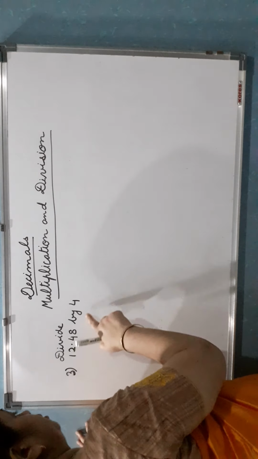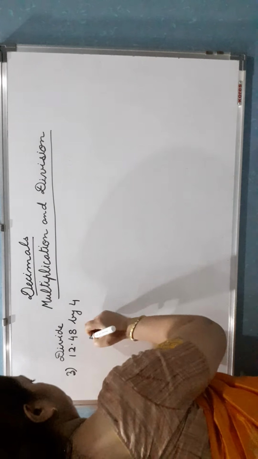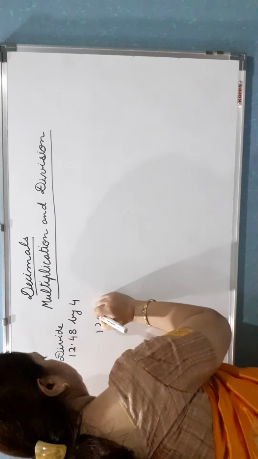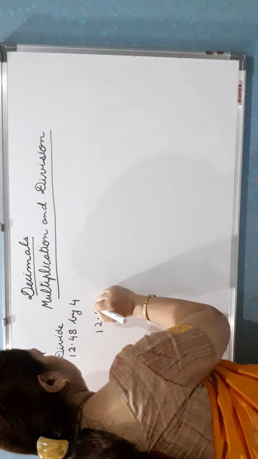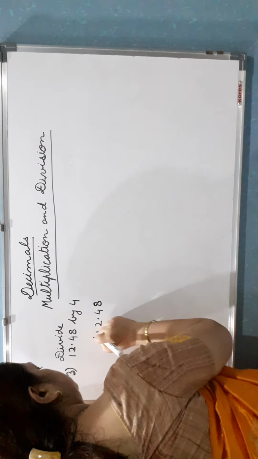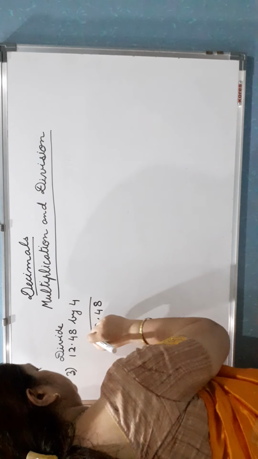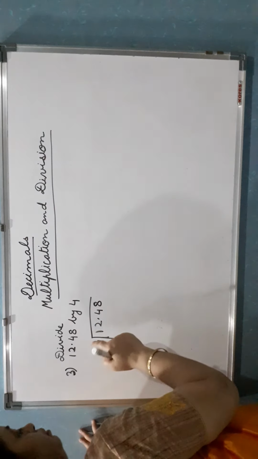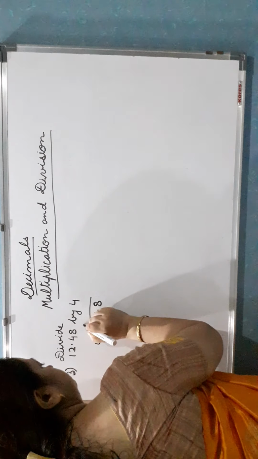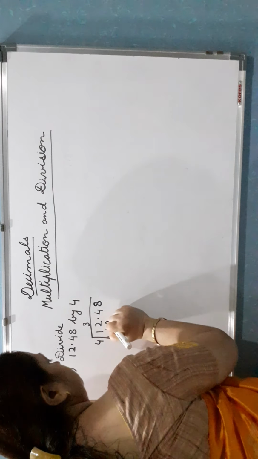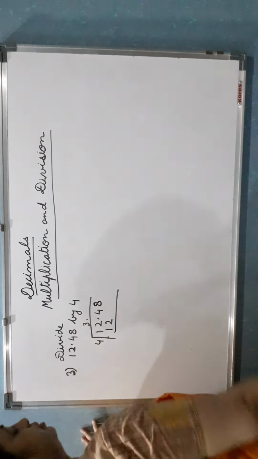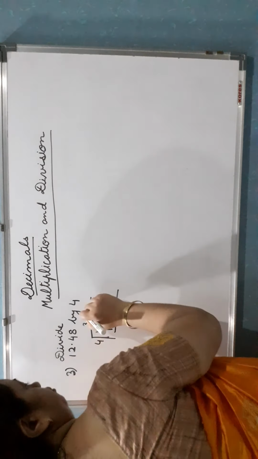Now see how you will divide 12.48 by 4. This is 12.48 and you just divide by 4 here. Now 4 3s are 12. Here is the point, so put the point here. Then 4 1s are 4.